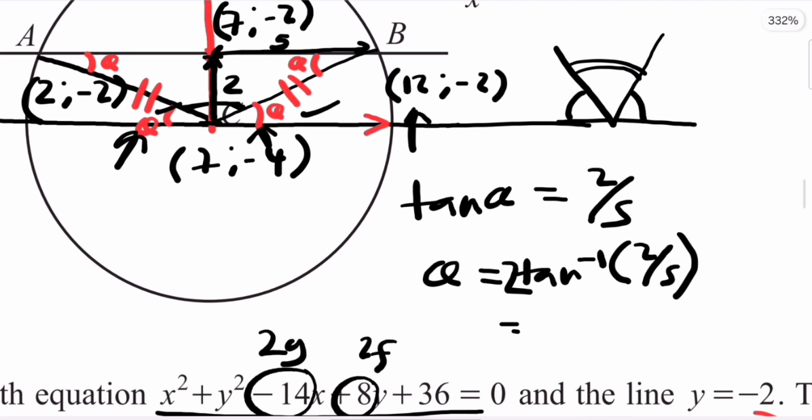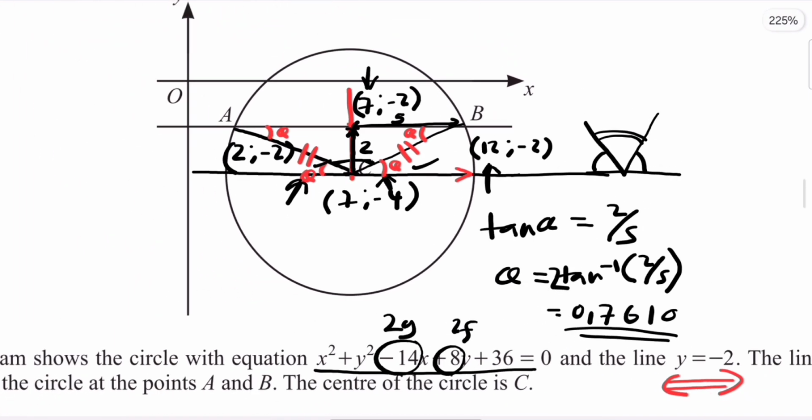So multiplying that by 2 tan inverse of 2 over 5, right? And that will give us 0.7610, like that, in radians.